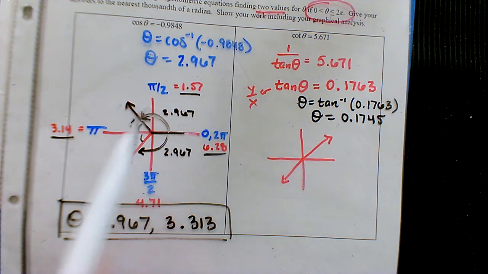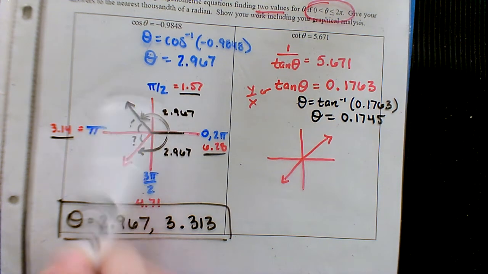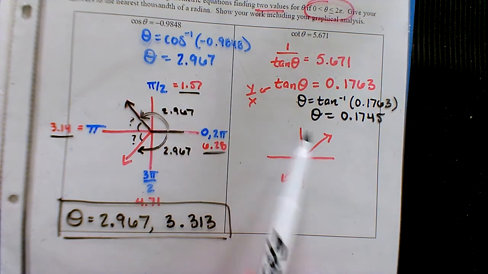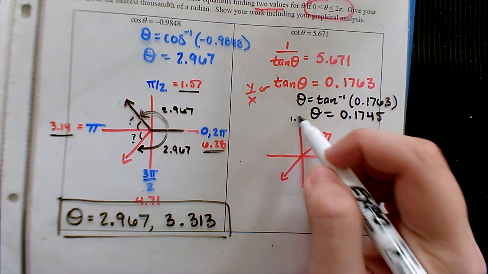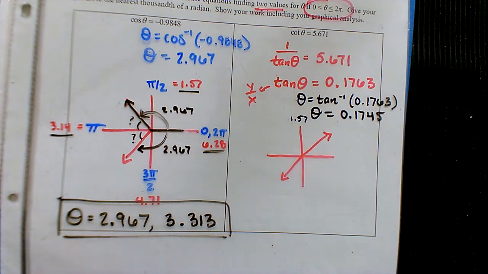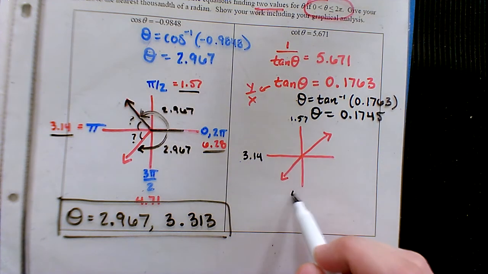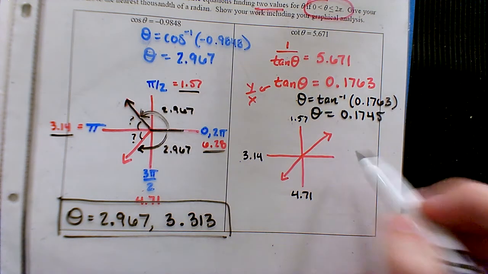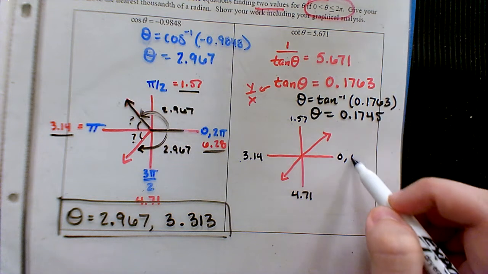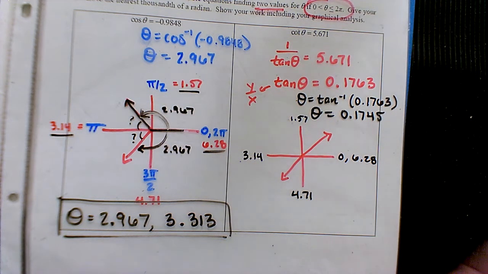Okay, now we have the decimals labeled on the one on the left, if you want to reference those, or maybe you want to write them on this one. We have pi over 2, which was 1.57, pi 3.14, 3 pi over 2, 4.71, and 2 pi 6.28. If you were to draw an angle of 0.1745 radians, which quadrant would you land in?